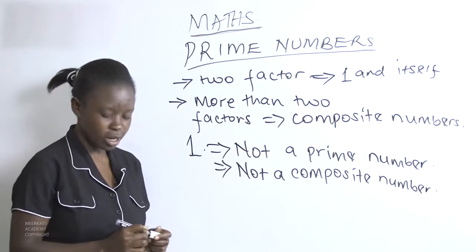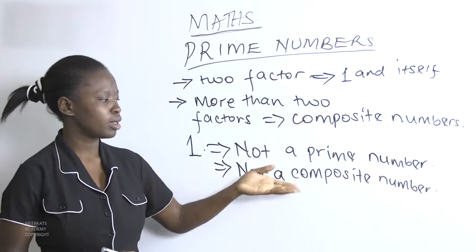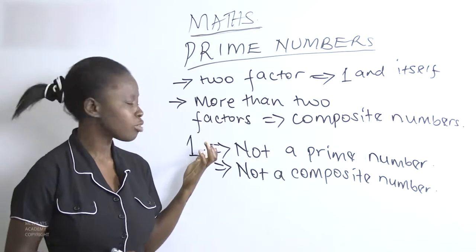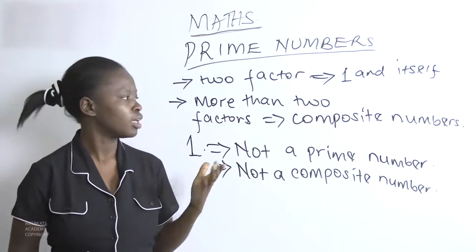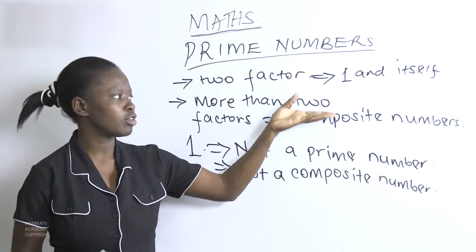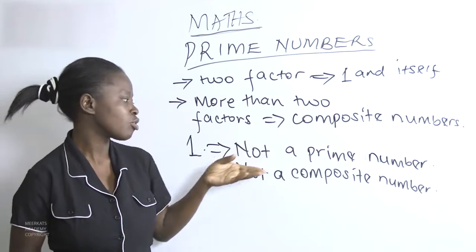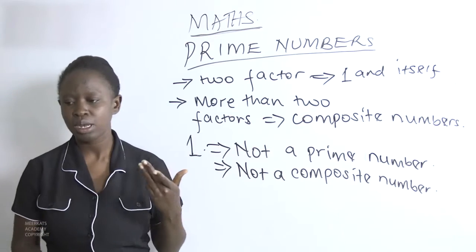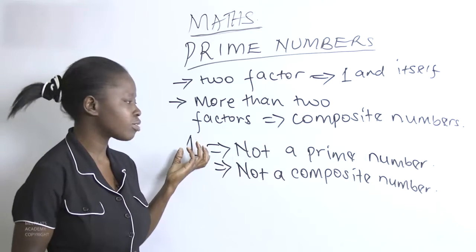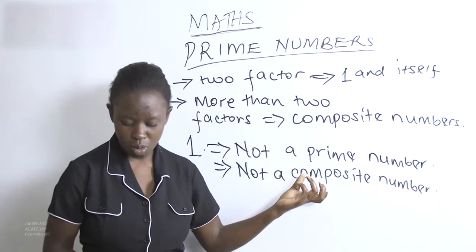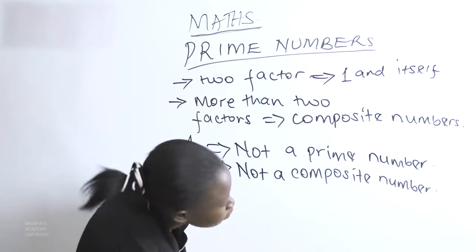So 1 does not fall in the category of a prime number, and at the same time it is not a composite number. Why? Because 1 has only one factor, and a prime number has two factors, a composite number has more than two factors. So 1, having only one factor, is not a prime number, and at the same time it is not a composite number.